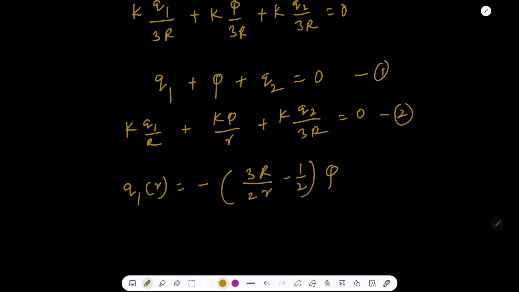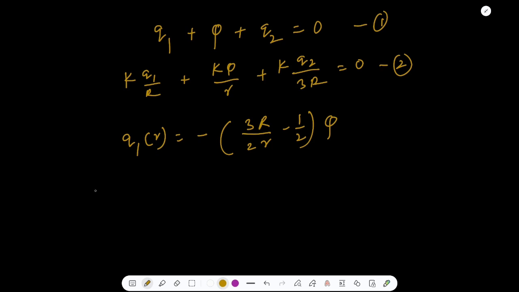And now to find the current, you can simply calculate current as I equals dq1 by dt.